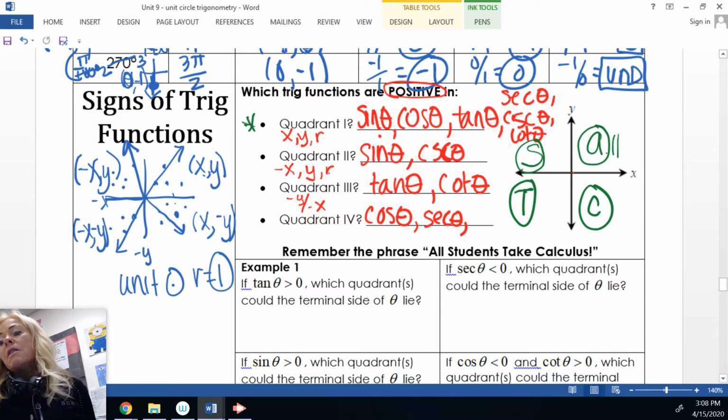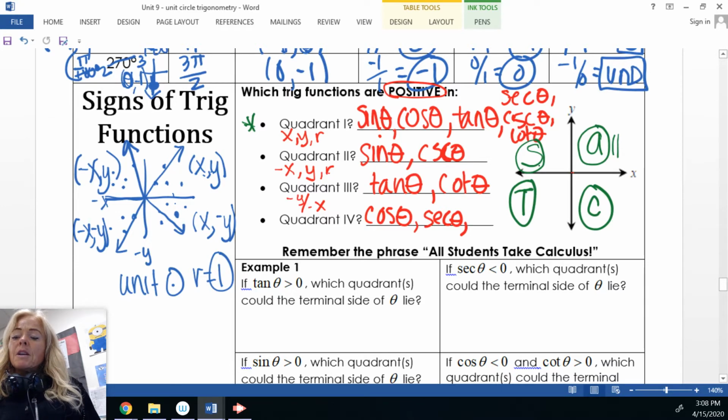So all trig functions are positive in the first quadrant. Sine and its reciprocal cosecant are positive in the second quadrant. Tangent and the reciprocal cotangent are positive in the third quadrant. And cosine and its reciprocal are positive in the fourth quadrant.